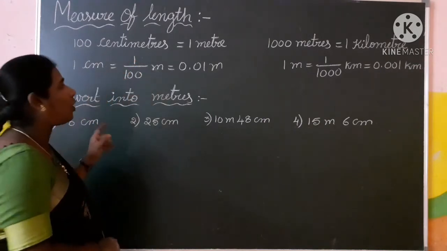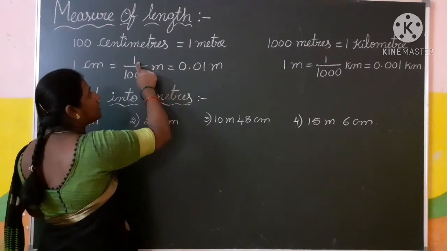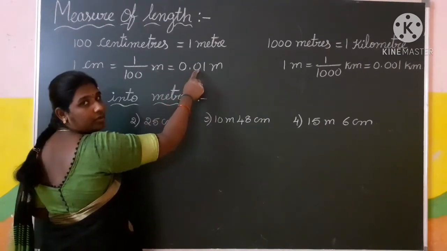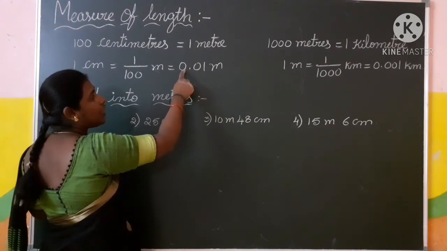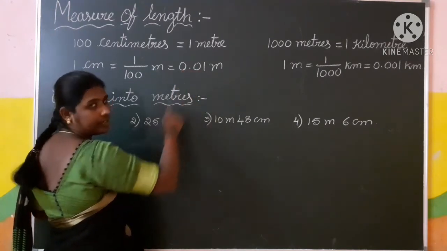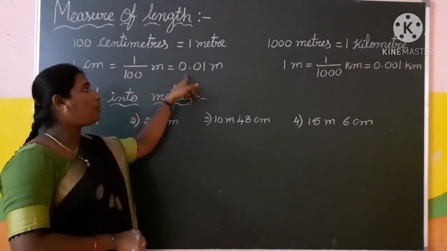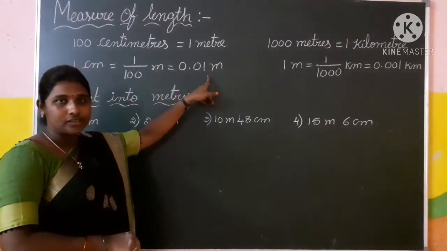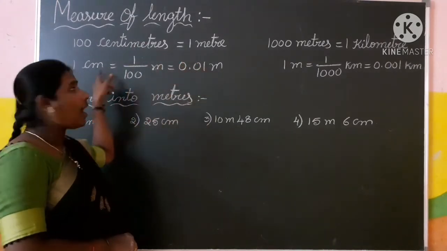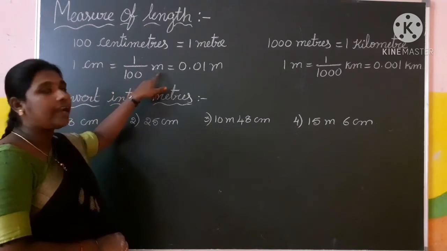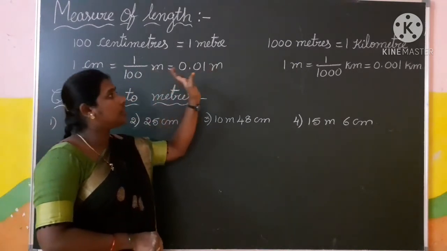Here only 1 number is there, and there is no other number, so we take it as 0. So the answer is 0.01 meters. 1 centimeter is equal to 1 by 100 meters, which is equal to 0.01 meters.